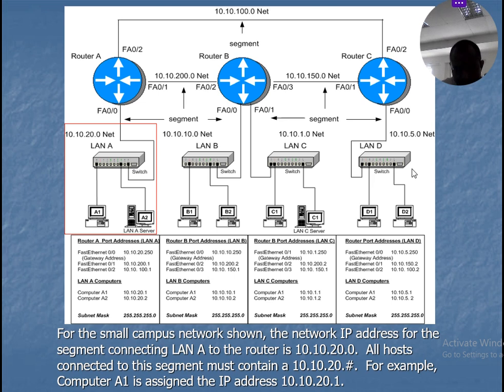Any computer on this network will have an IP address like 10.10.20.1, 10.10.20.2, 10.10.20.3, depending on how you arrange the computers. For example, computer A1 will be 10.10.20.1 because it's the first computer on this local area network.